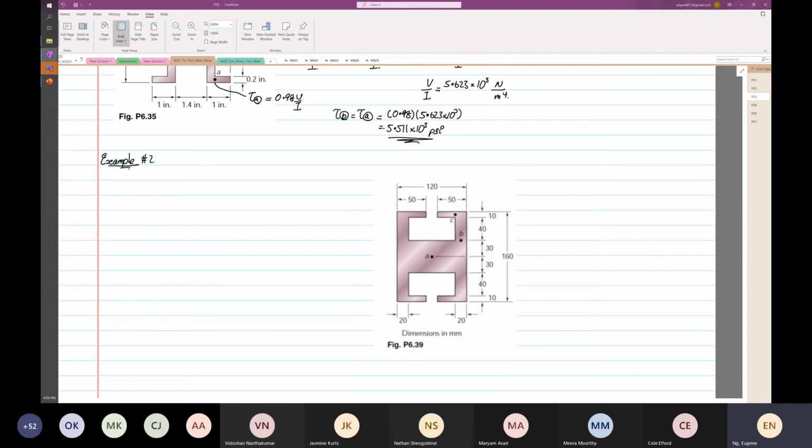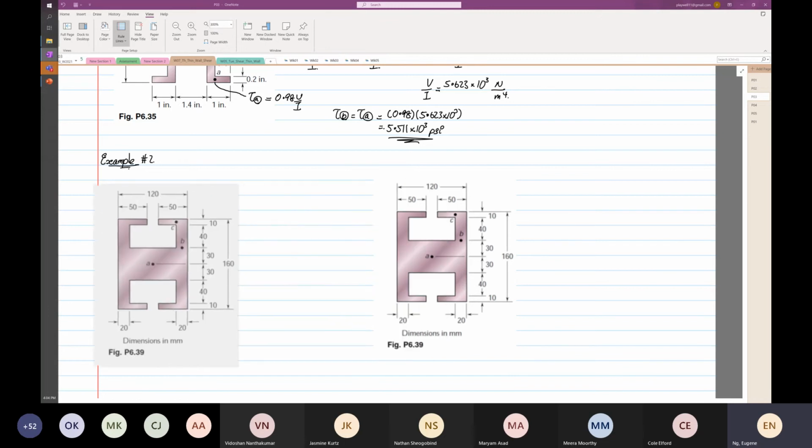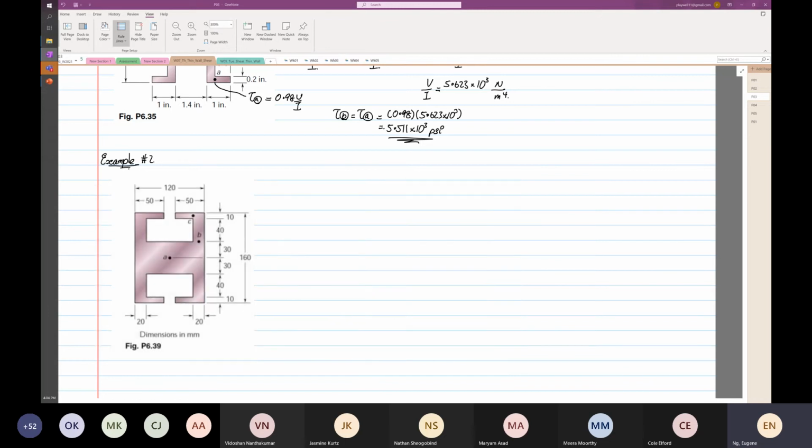Okay, so this is the example we are going to look at. This is the structure. What this example wants us to find: the structure is under a vertical applied force.